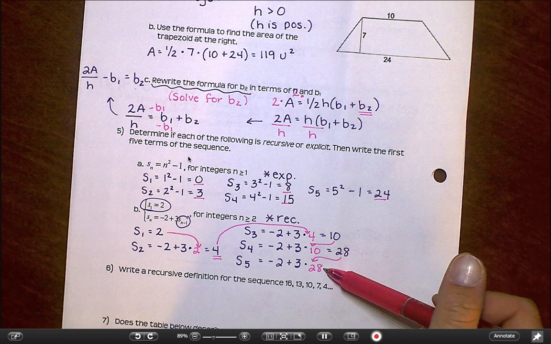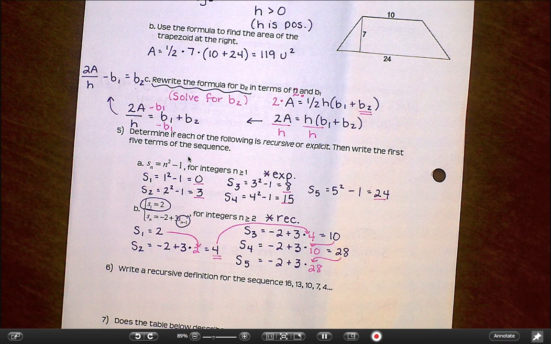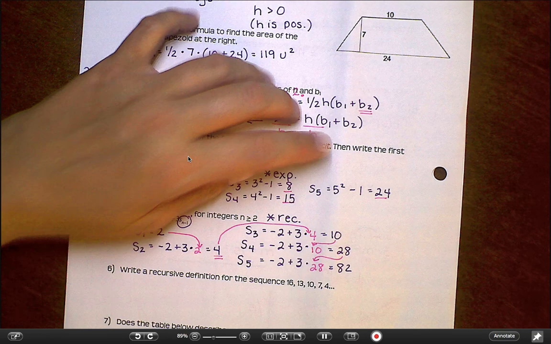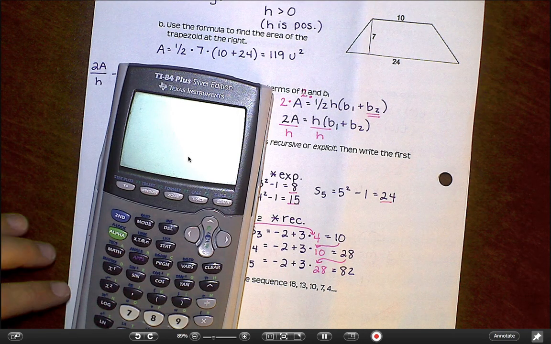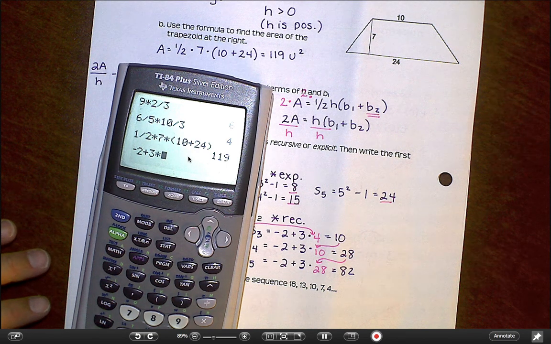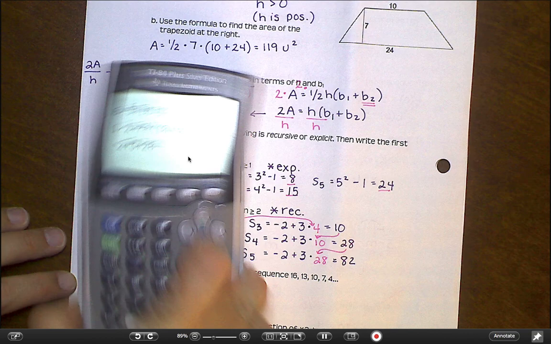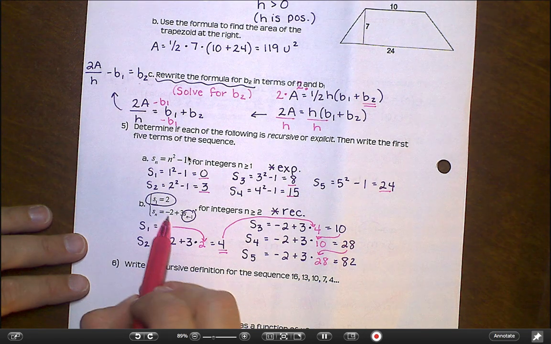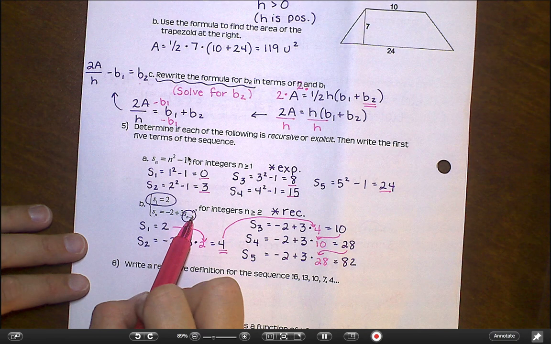Sorry, 3 times 28 is 84, plus the negative 2, so that would be 82. Okay, let me just double check that one. Make sure I got that right. Yeah, 82.